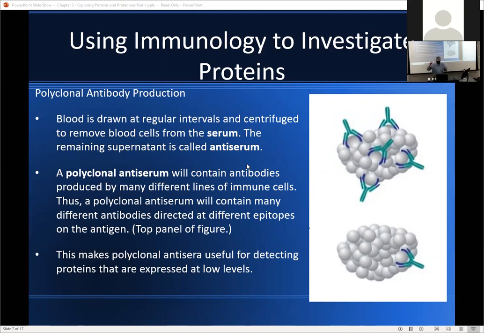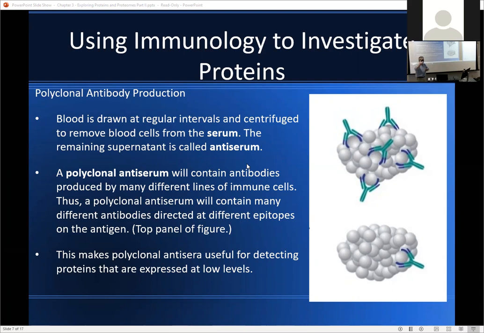So if we do a protocol like I showed you with the rabbit, what we're going to get is a polyclonal antiserum. So when we inject a rabbit with an antigen, like a purified protein, many of the rabbit's B cells are going to be primed by that protein to start producing antibodies.